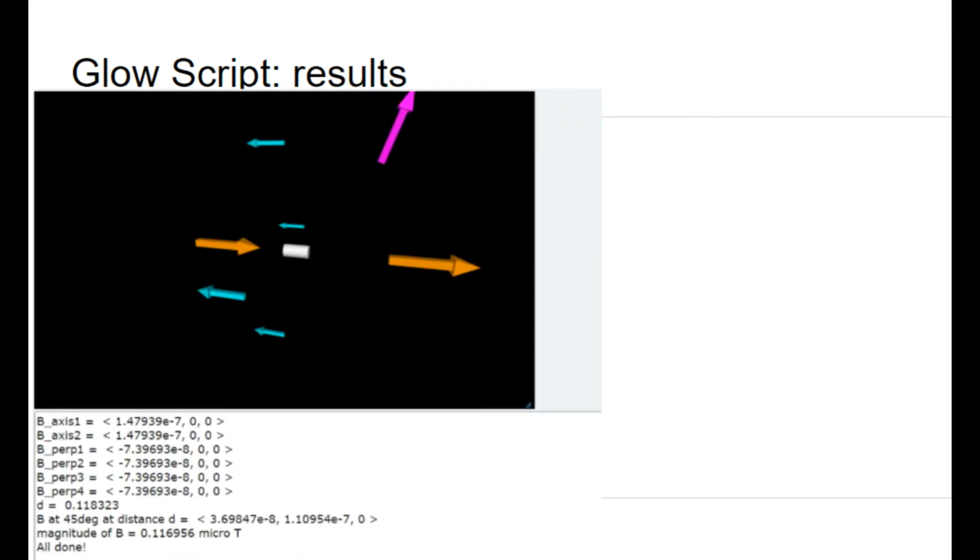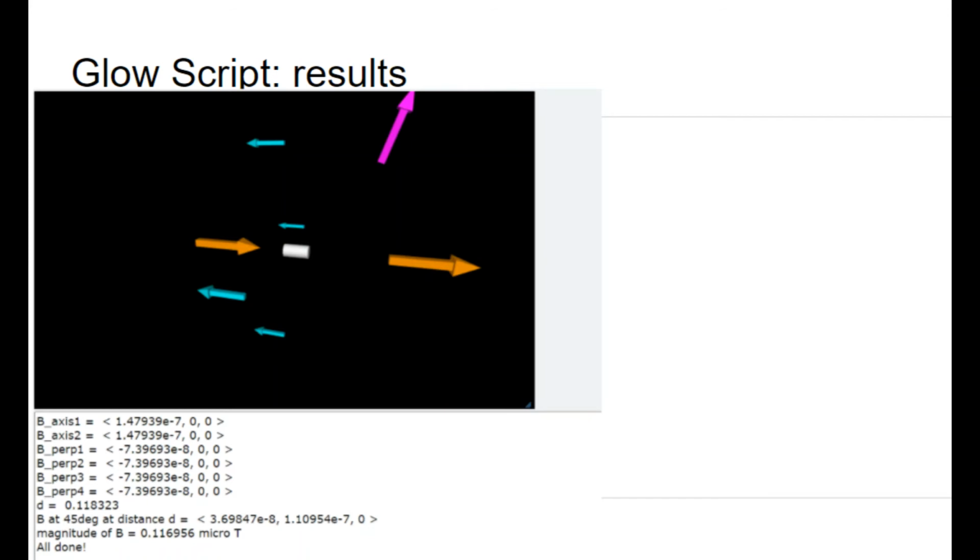Here is the result of the GlowScript code and the model. The teal arrows represent observation locations that are perpendicular to the magnetic dipole moment. The orange arrows represent observation locations that are parallel to the magnetic dipole moment. The purple arrow represents the observation location that is in the same plane as the magnet, however it is at a 45-degree angle.